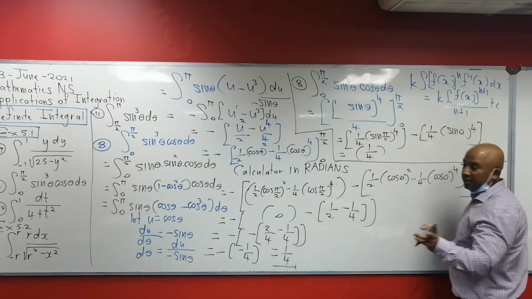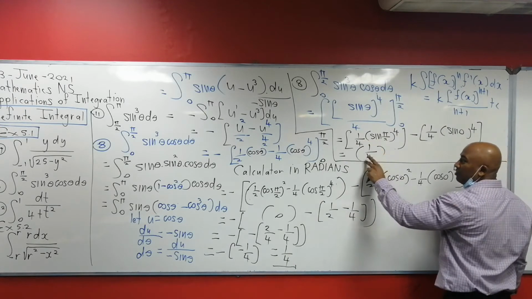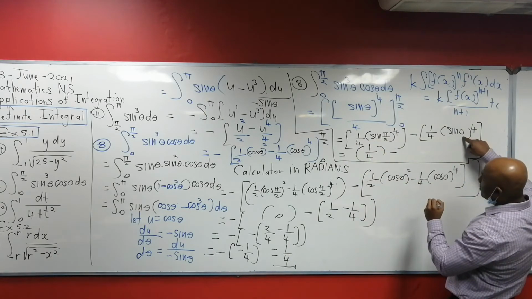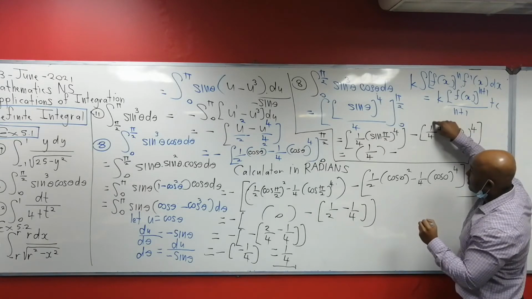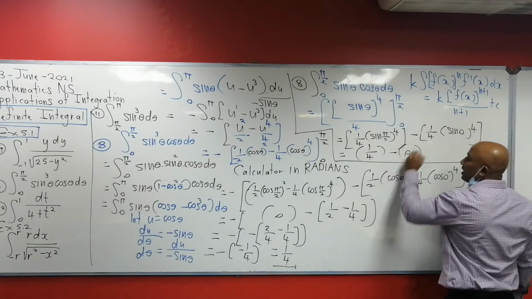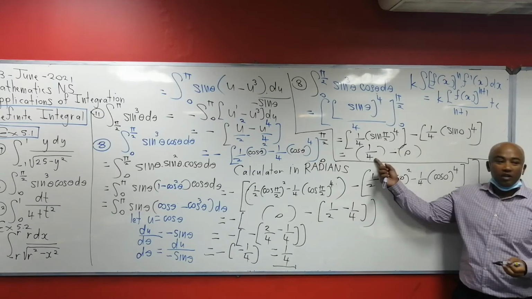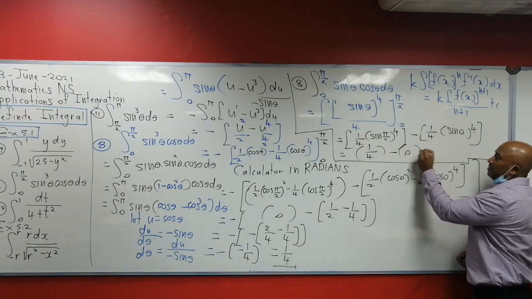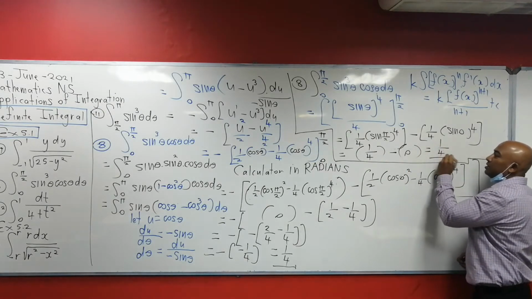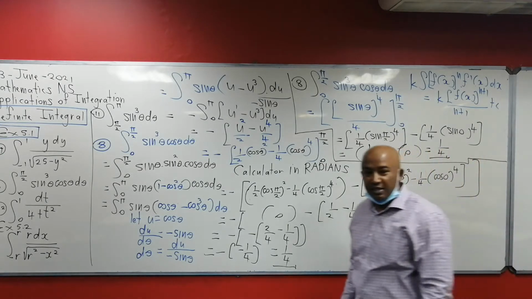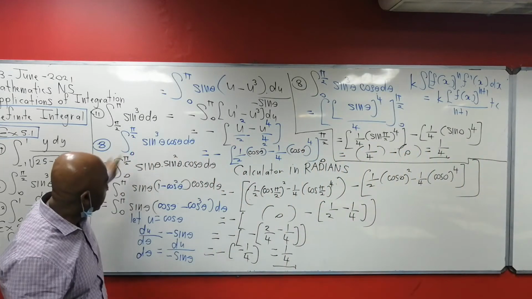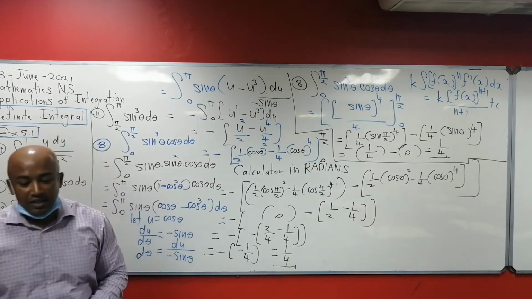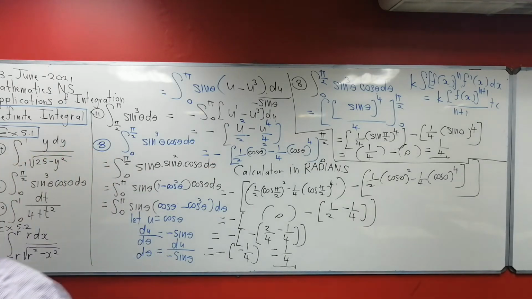You can check that out on the calculator. This is 1 over 4 minus sine of 0 is 0. 0 to the power 4 is 0. 0 times 1 over 4. So basically it's just a 0. And now what is 1 over 4 minus 0? It's 1 over 4. Simple. You can see that? That's why you must know your differentiation. Look at the difference in these two examples. It's the same example, done in two different ways.